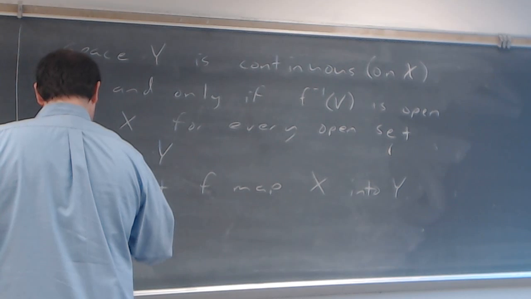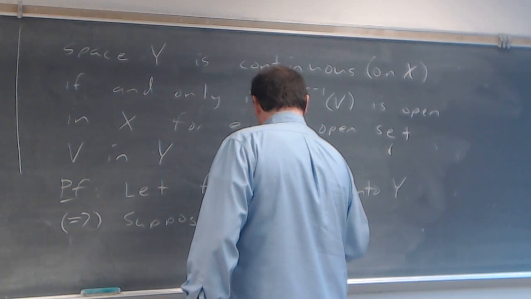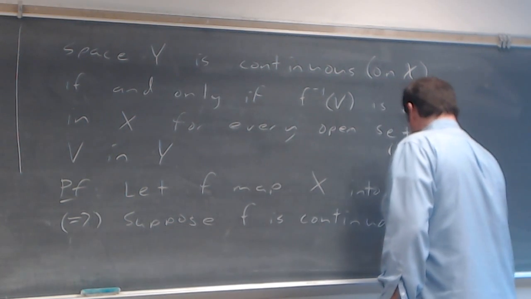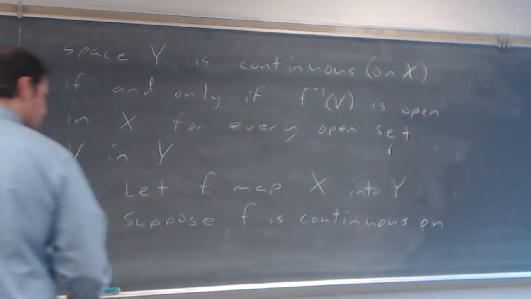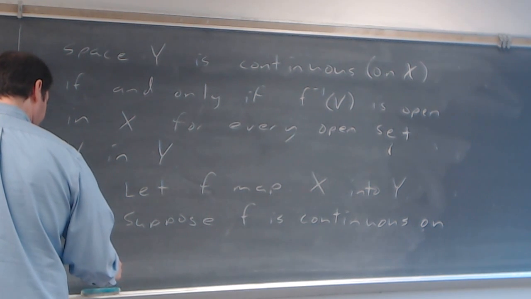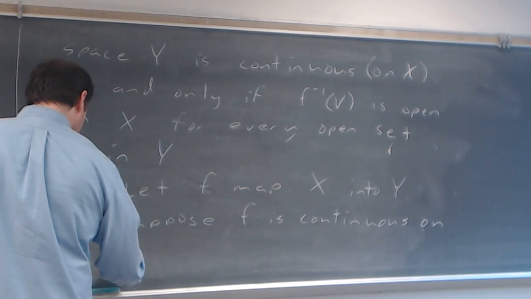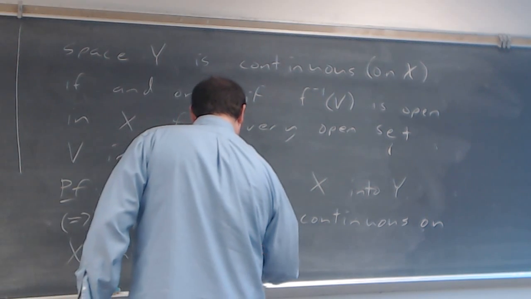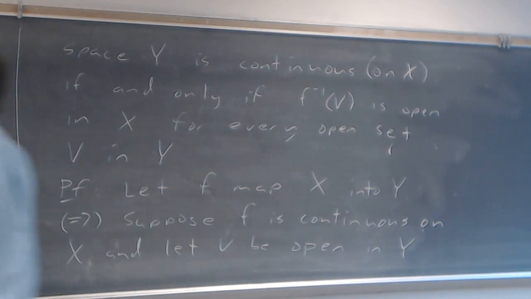And here, we suppose F is continuous on X, and our goal is to show that the pre-image or the inverse image of an open set V is open in X. So let V be open in Y. So we want to show its inverse image is open in X. Let's write that down.